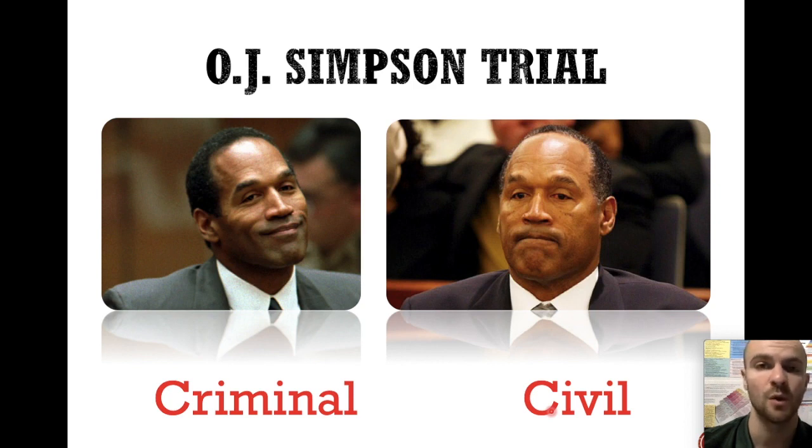Johnny Cochran was one of the attorneys for O.J. Simpson, and in the trial, Johnny Cochran had introduced evidence of the leather glove. There was a leather glove that was found at the scene of the crime, and this leather glove had blood on it.